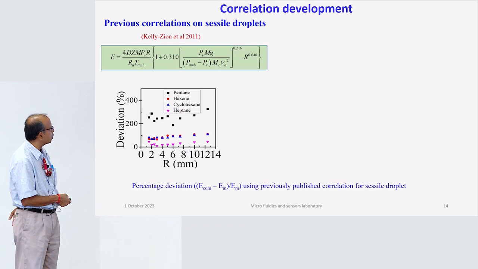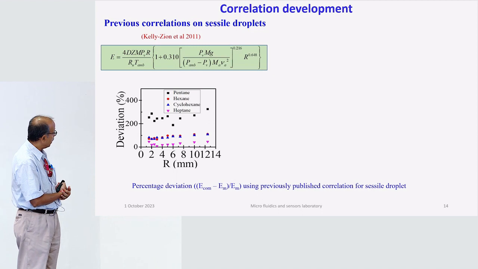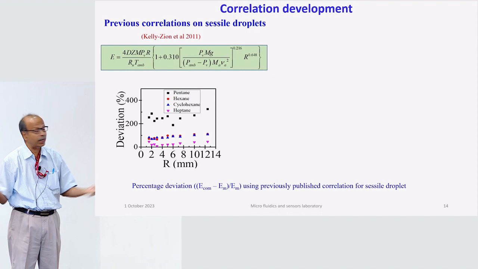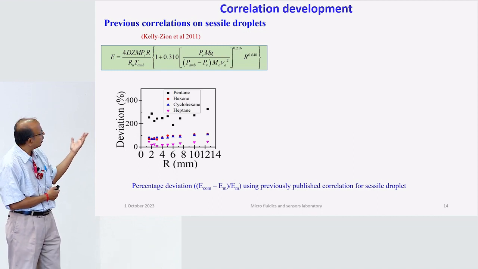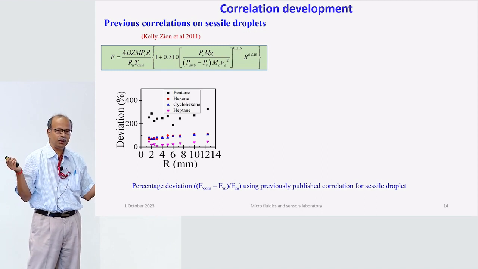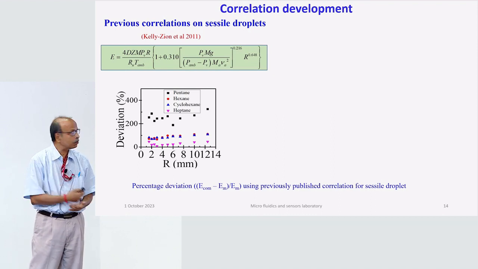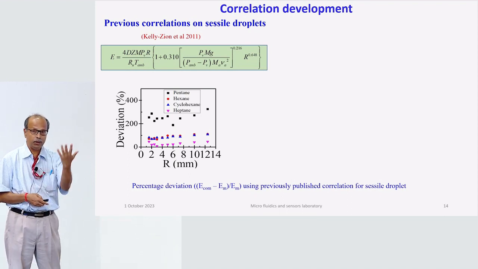The difference we saw from sessile droplets was extremely large, and it was slightly frustrating. We thought that at least we would prove it is similar, and it was way off. When I looked at it, I wondered what kind of correlation this is, since it doesn't have a non-dimensional number. Fluid mechanics people don't like a correlation without non-dimensional numbers, so I did not like that correlation. I said let us look for a correlation based on non-dimensional numbers.